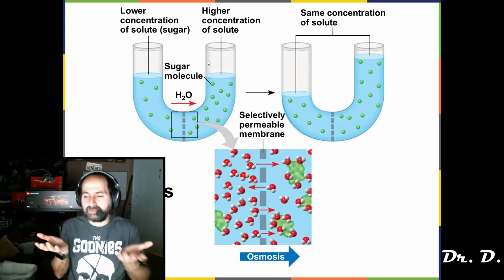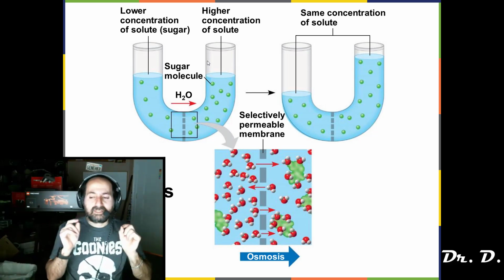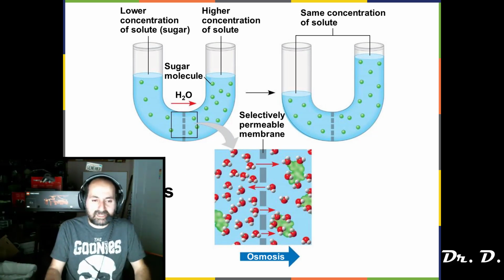So what happens in this case? Nothing? Well, I can tell you something does happen, and that is, take a look. The water will cross. And do you see, it looks like 3 water molecules are crossing to the right, and only 1 water molecule is crossing to the left. So there's a net flow of water from left to right.